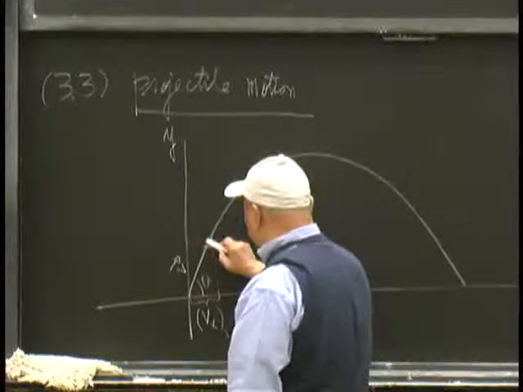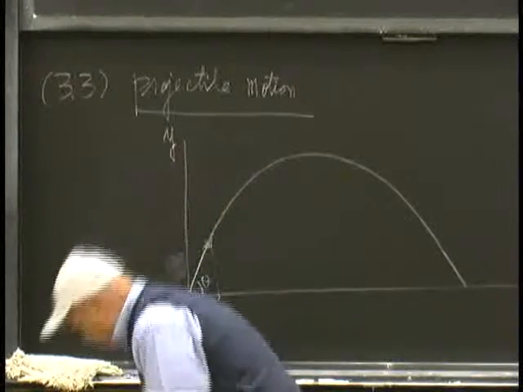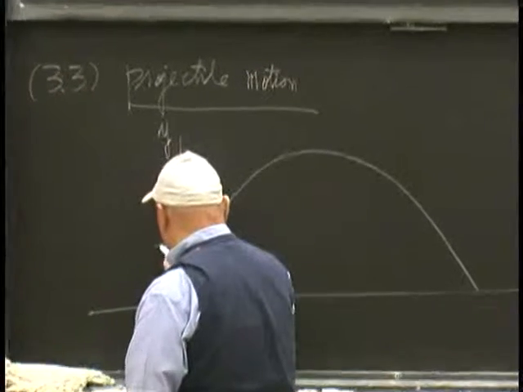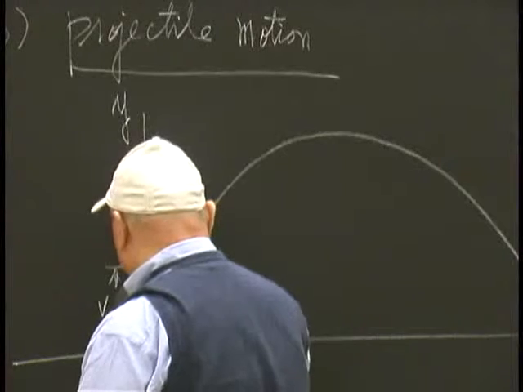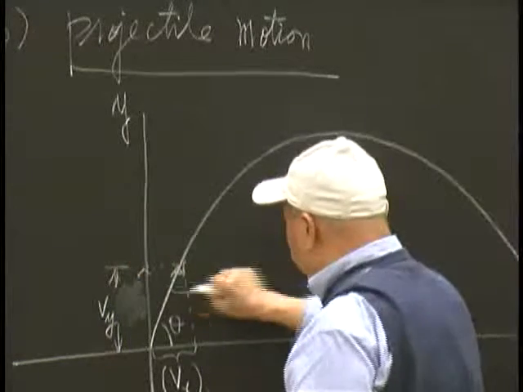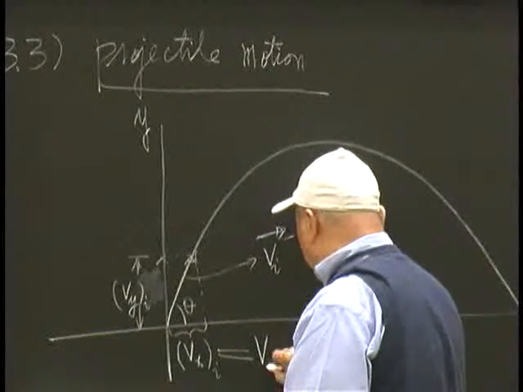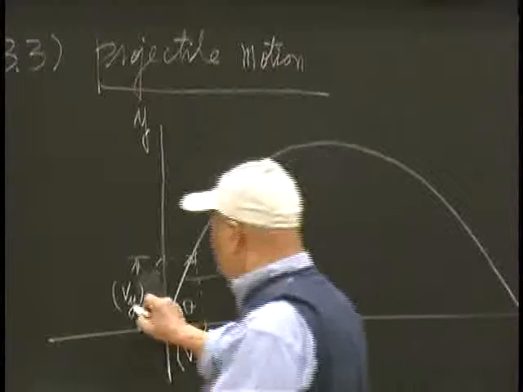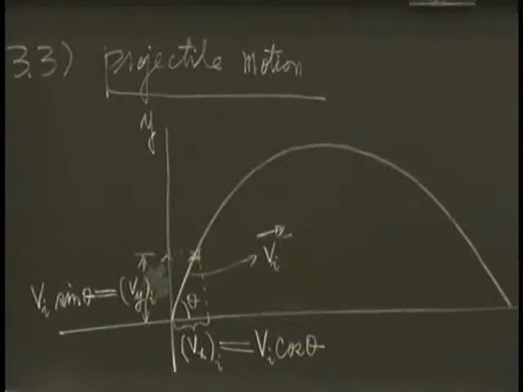And then in these cases, we like to say that this is v sub y. V sub y. And this is equal to v sub i times cosine theta. V sub yi, this is a very important application of math.